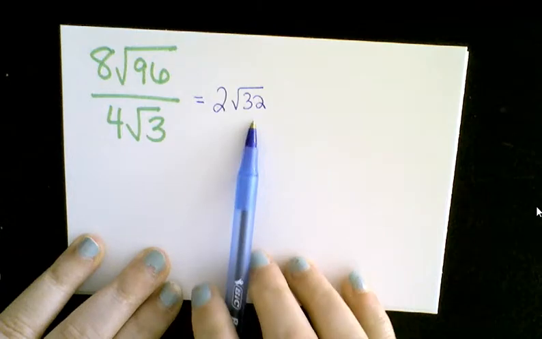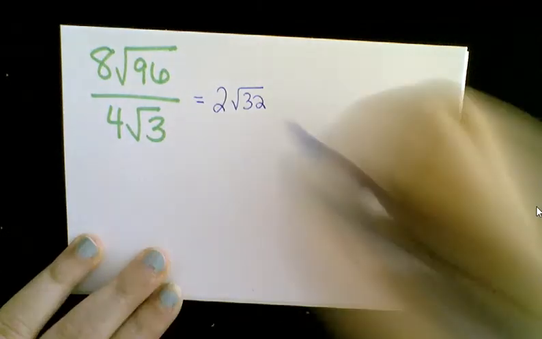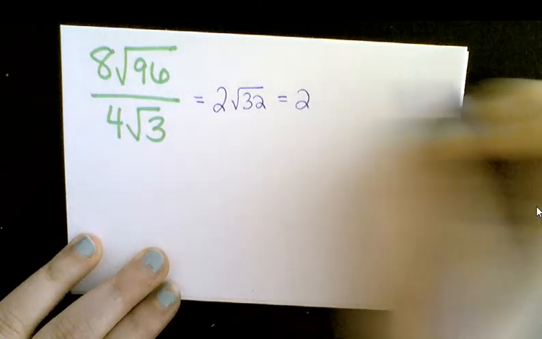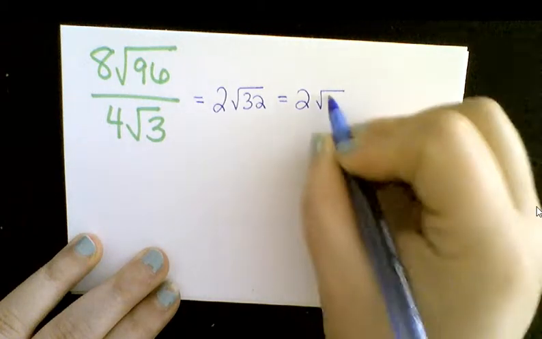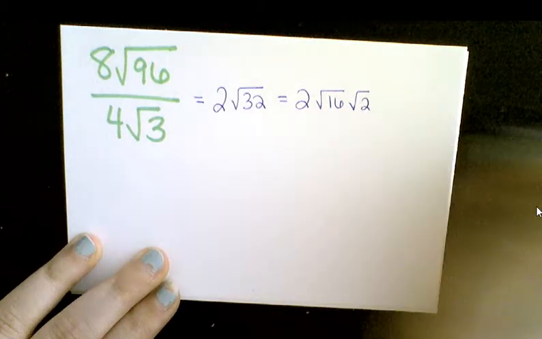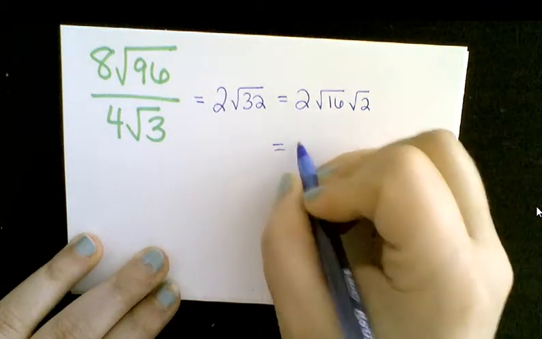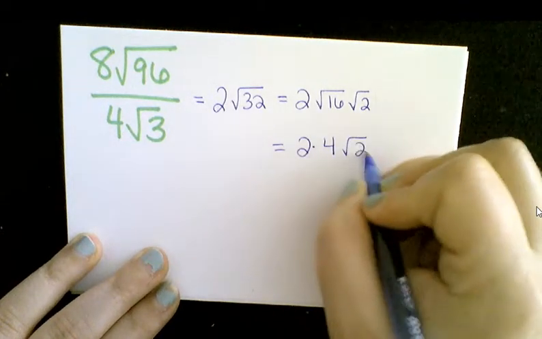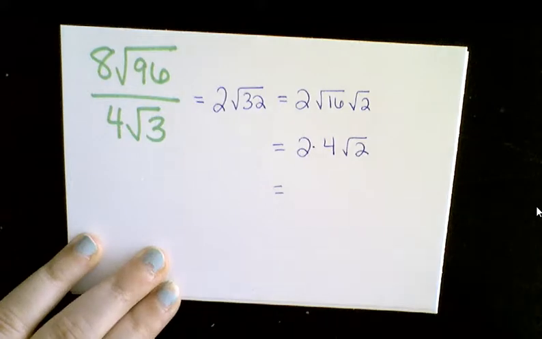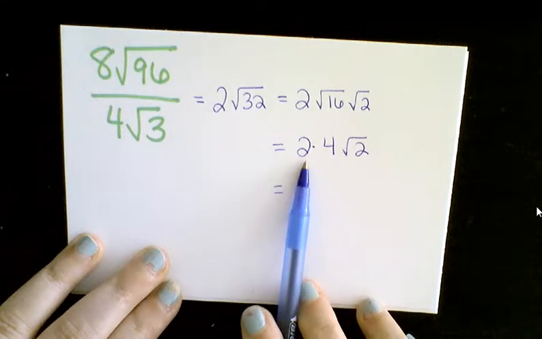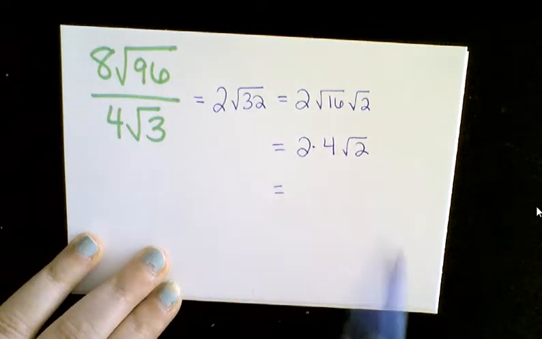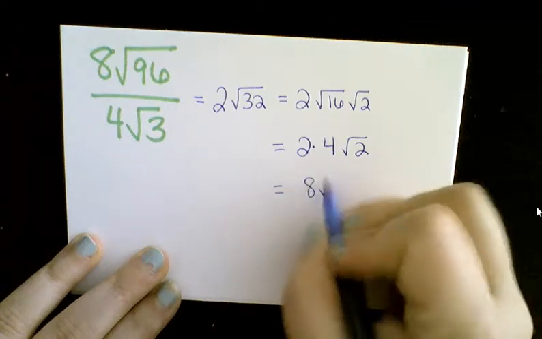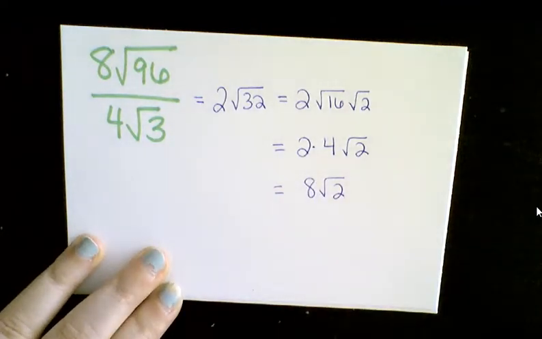And now we need to ask ourselves if 32 can be simplified, and it can. So we're going to keep the 2 on the outside. 32 is 16 times 2. The square root of 16 simplifies to 4, which will be multiplied on the outside by the 2 that was already out there. So 2 times 4 is 8, radical 2.